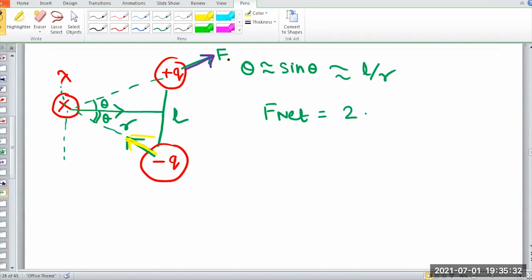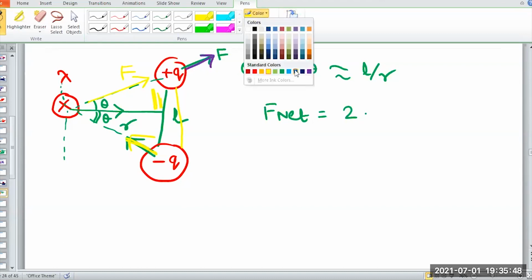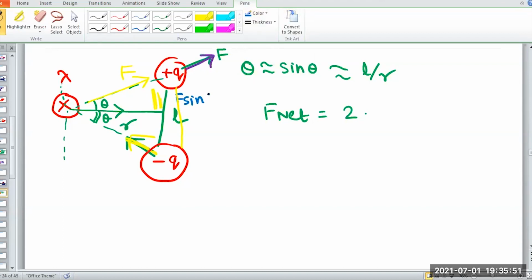Yes or no? But which component am I interested in? I am interested in this direction. So if this direction is F, this will be F sine theta. Similarly, on the same reasoning, this will also be F sine theta. So my F net will be 2 times F into sine theta.